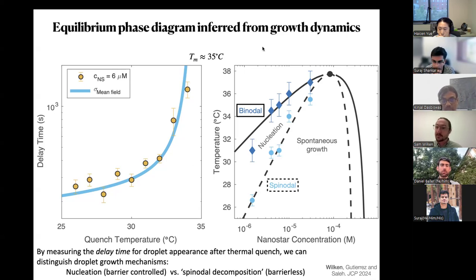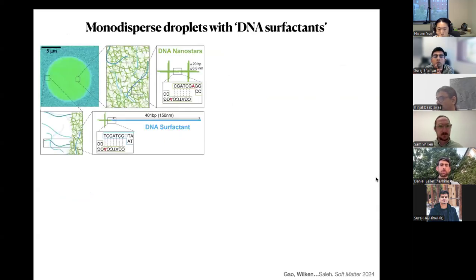But because we have complete understanding of the transport mechanisms, that is the deep quench growth and the nucleation barrier, we can estimate the spinodal line from just micron scale dynamics. That's the idea. Okay, so let's move on before I run out of time.